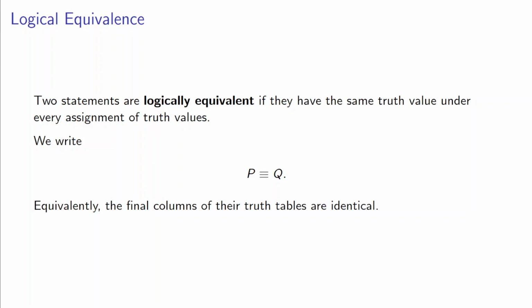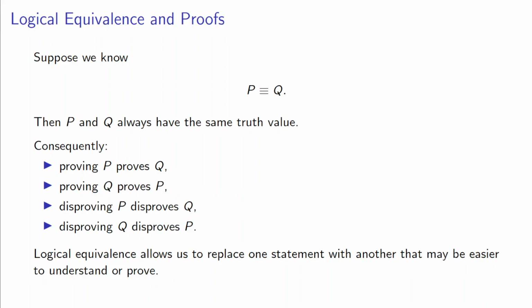Onto logical equivalence. We say that two statements are logically equivalent if they have the same truth value under every assignment of truth values. And we would write P is logically equivalent to Q with this triple equal sign type of symbol. Equivalently, the final columns of their truth tables are identical. So we can use truth tables to determine if two statements are logically equivalent.